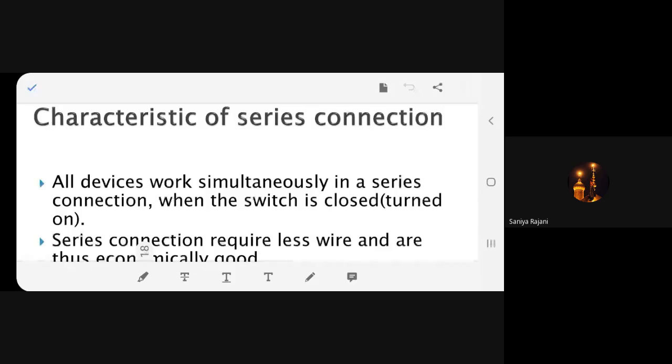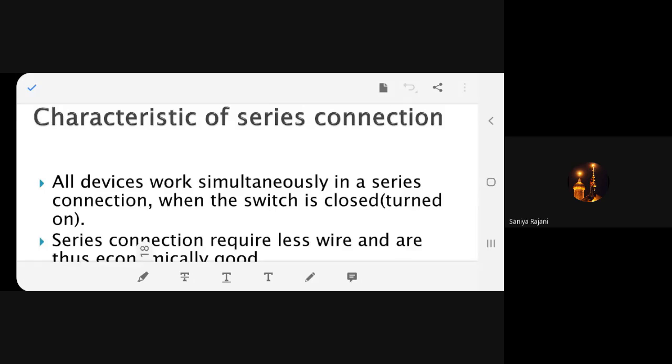All devices work simultaneously. It is not device, it is devices. Be careful. Simultaneously. Read with me. Simultaneously. Very good. Well tried. In a series connection, when the switch is closed, that is turned on.